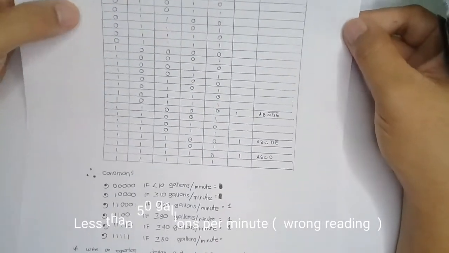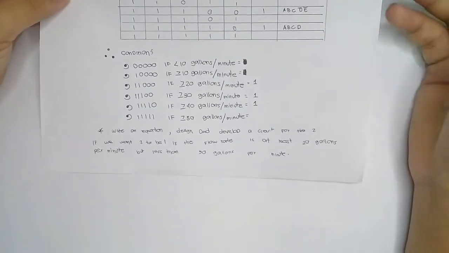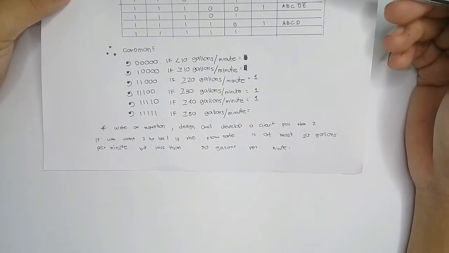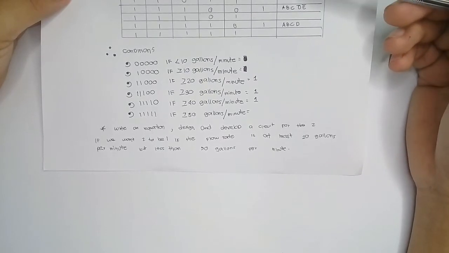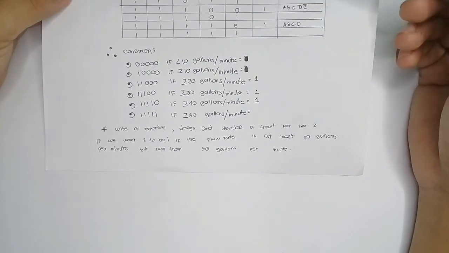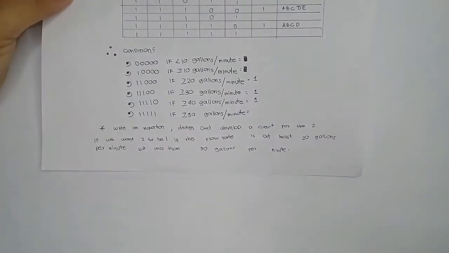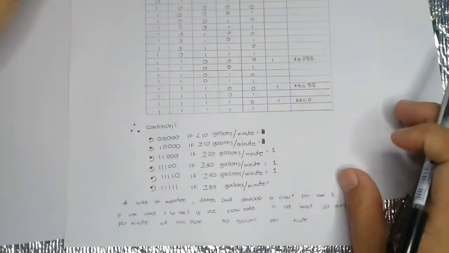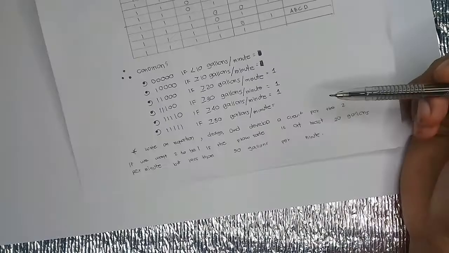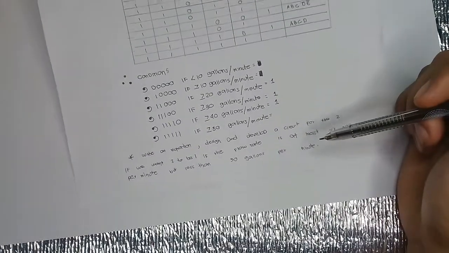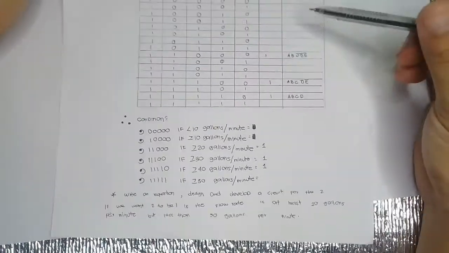So from our given truth table, the ones that fit our conditions and our problem are these ones.